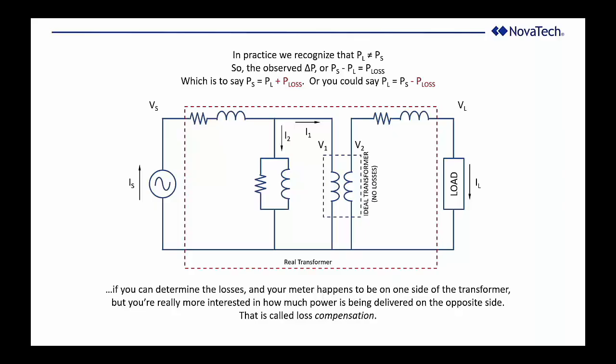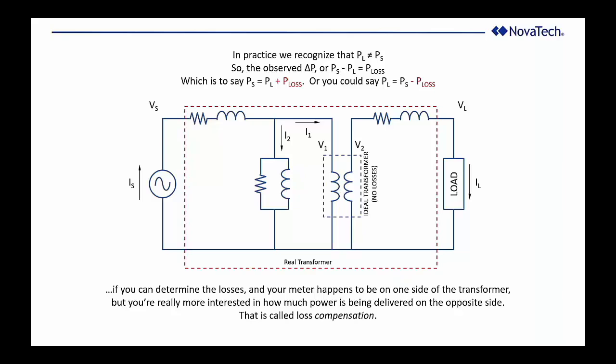So if I have a meter on the low voltage side of the transformer, and I would like the meter to read the amount of power that's being delivered on the high side of the transformer, let's say I've got a 12470 low side and a 69 kV high side, and the transmission utility is delivering to the transformer, it might be of interest to know what power they're delivering to me.